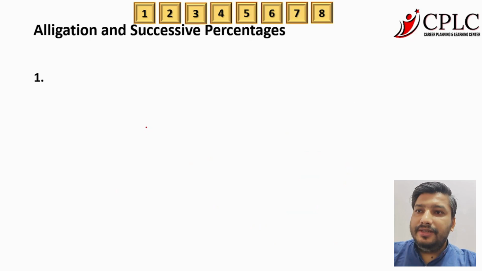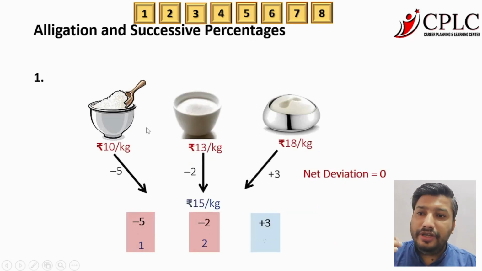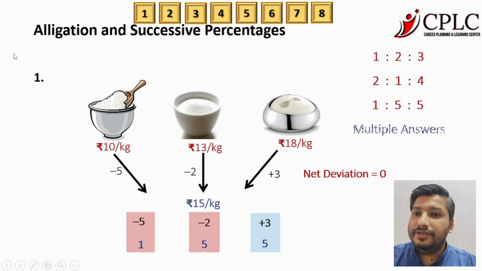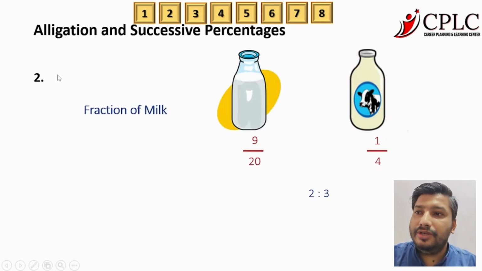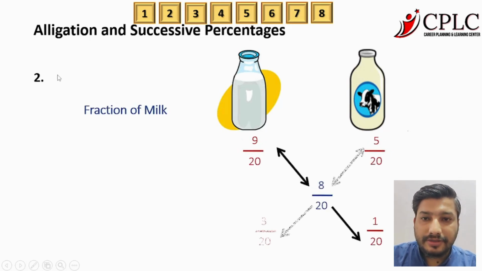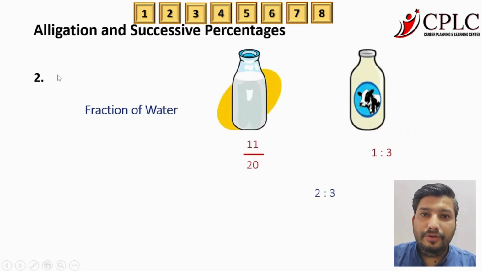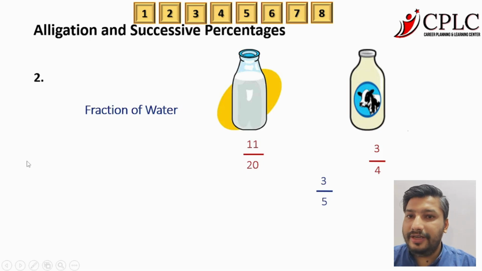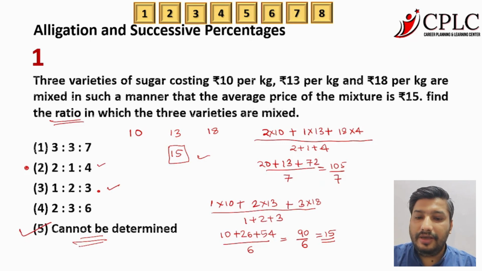When they say that there is supposed to be allegation for more than two varieties, the answer is always going to be cannot be determined, because what you do is you get multiple answers, and that is how this whole idea works out to be basically. So this is what you need to remember when we have more than two varieties, and this is the solution in which we can get this idea.